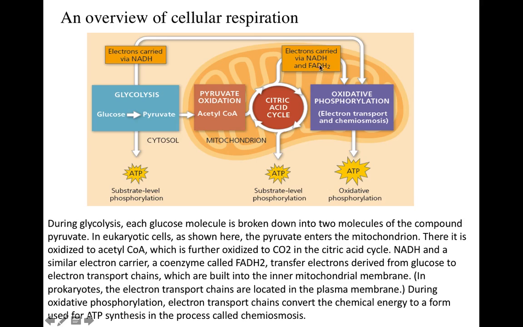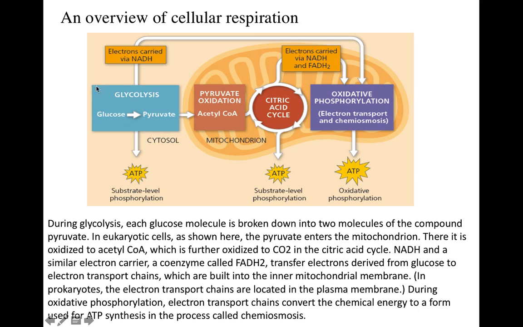So FAD is quinone, FADH is semiquinone, and FADH2 is hydroxyquinone. So FAD now is the oxidized form, FADH is the reduced form, which has got only one electron, and FADH2 is hydroxyquinone, and it has got now two electrons. So this is carrying two electrons, and NADH is carrying only one electron.